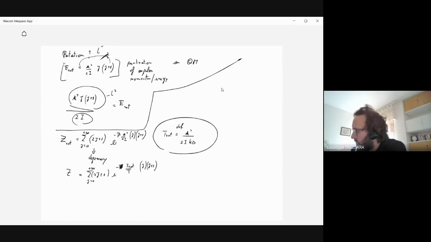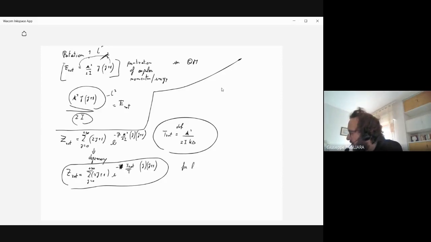So first of all, this is the correct formula. Now we will try to approximate this for large temperature and small temperature, 1 and 2. So let's see what happens.